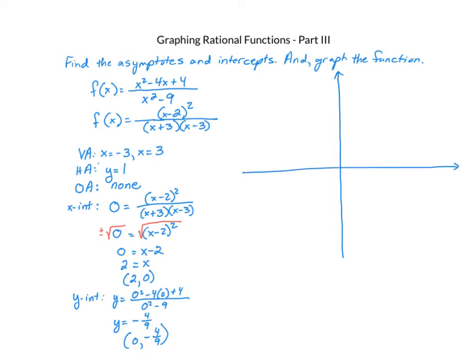So let's start with the vertical asymptotes. I have a vertical asymptote at 3 and negative 3. And I'm going to be careful, so I'm going to mark my grid here. Here's 1, 2, 3, and here's negative 1, negative 2, negative 3. Let's just label those. And I'm going to put in my vertical asymptotes.